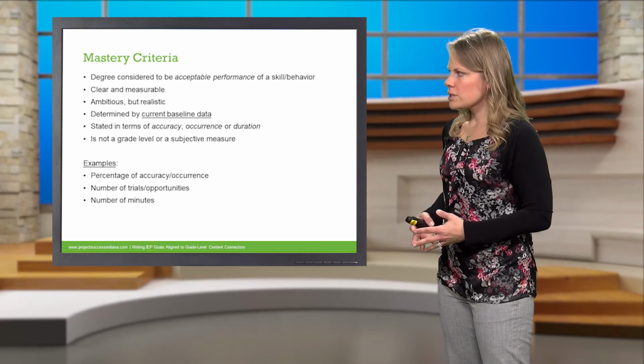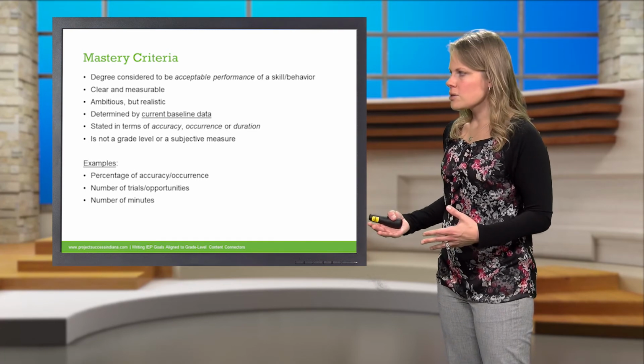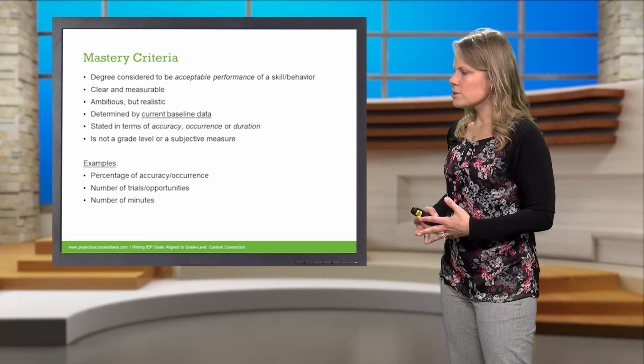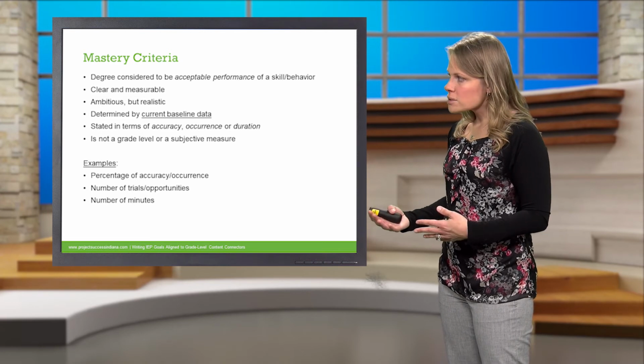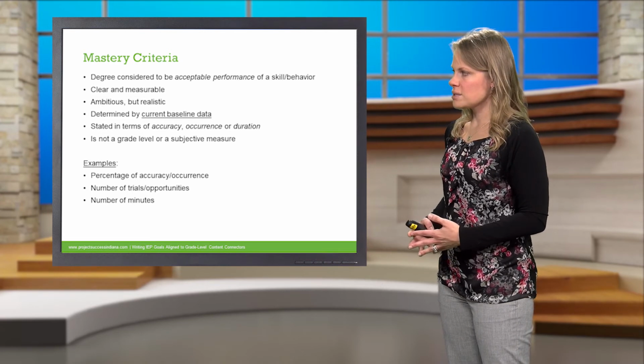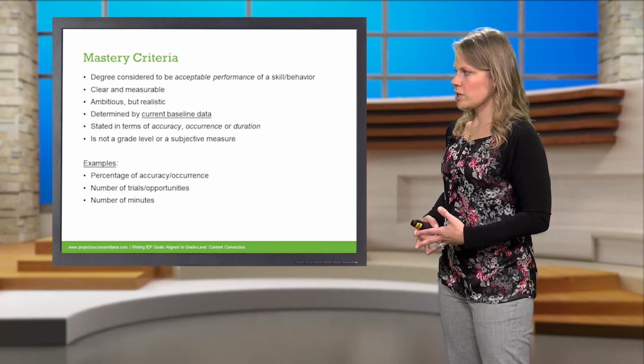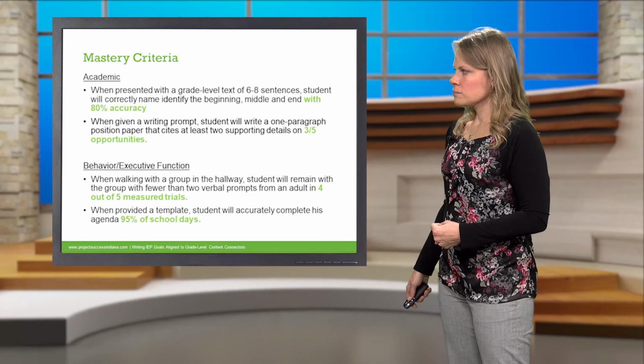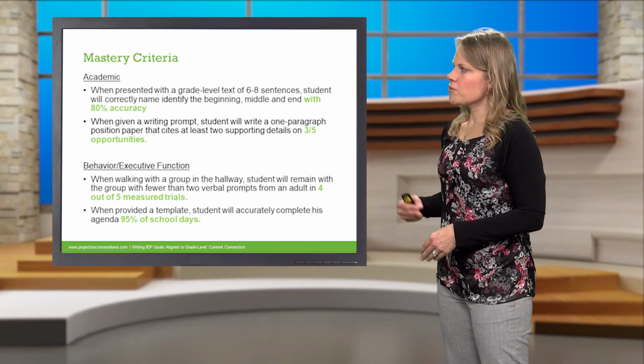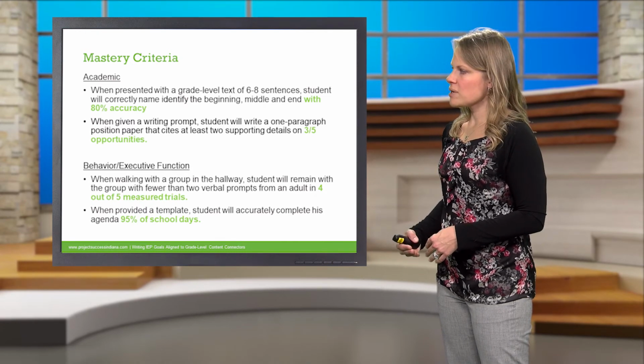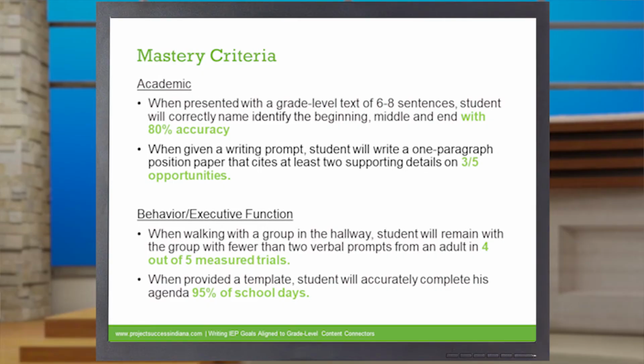A few examples are listed here: a percentage of accuracy, or the percentage of time something occurs, the number of trials or opportunities that it occurs, or perhaps the number of minutes that a behavior has a duration for. These are just a couple examples, both for academic goals and behavior or executive function goals, of what the mastery criteria might look like in each of those types of goals.